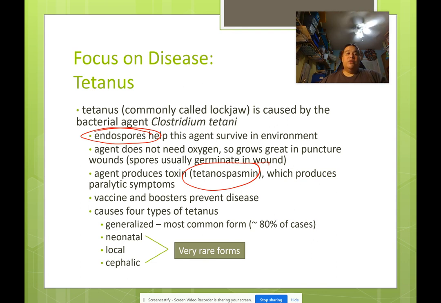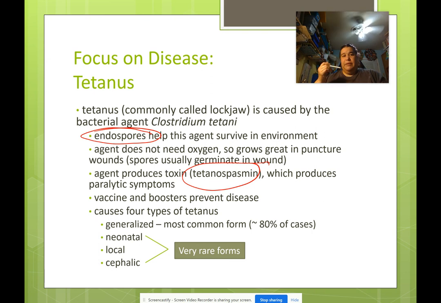The endospores are there and they're perfectly happy being there, just in their little state of hibernation. The agent itself does not need oxygen, so it grows really well in puncture wounds. So when you puncture through your skin, it's not like there's air readily hitting it, especially depending on how deep it is. So in a puncture wound, they germinate.